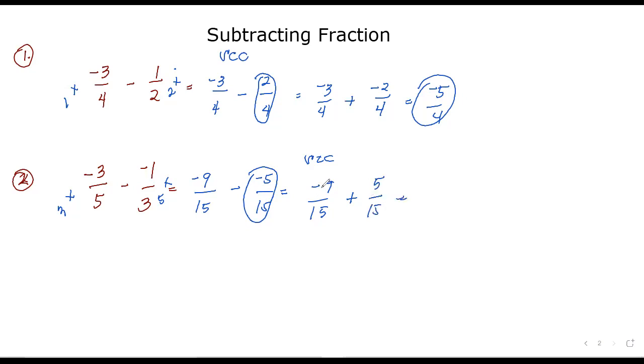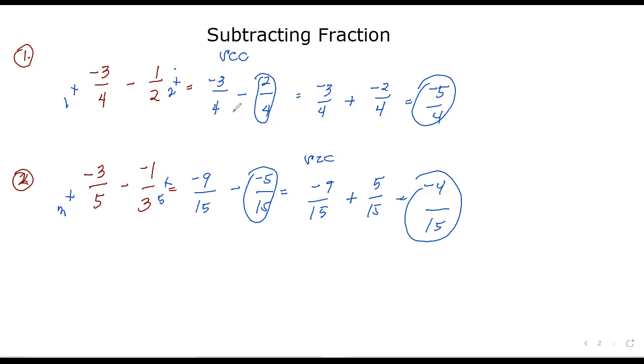Then negative 9 plus 5, the answer is negative 4. Unlike signs, subtract the numbers and copy the sign of the bigger number, over 15. So the answer for negative 3 over 5 minus negative 1 over 3 is equal to negative 4 over 15.